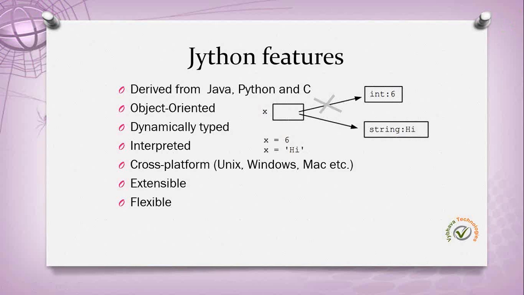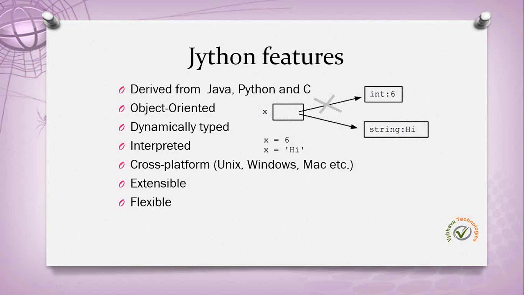So the best features we are going to get with Jython is object orientation, which is supported by Python and Java. Everything in Python is an object. If you say int x, sorry, we are not going to say int. x is equal to 6 or 10, whatever number you give, automatically the variable will be created dynamically, integer type, and this variable is nothing but one Python object.